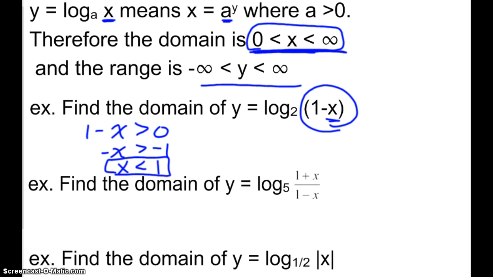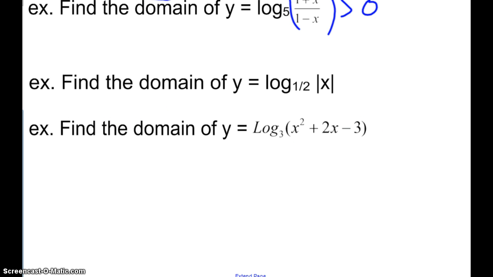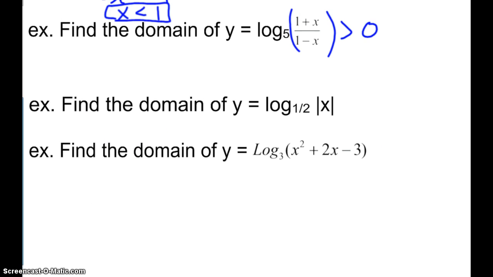If we look at number 2, we have log base 5 of a rational function. So if we're solving that and setting that greater than 0 to start, how do you solve a rational inequality? Well, if you recall our steps, we need to determine what the critical numbers are.